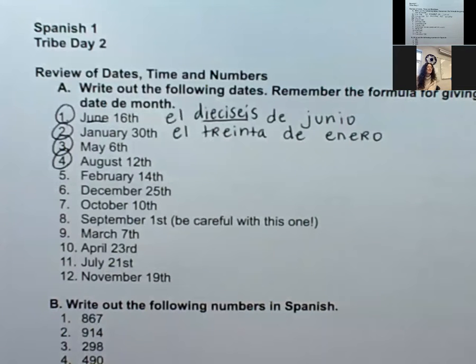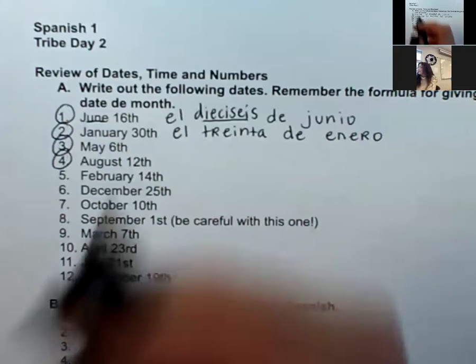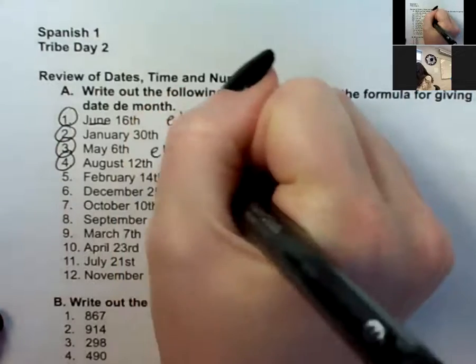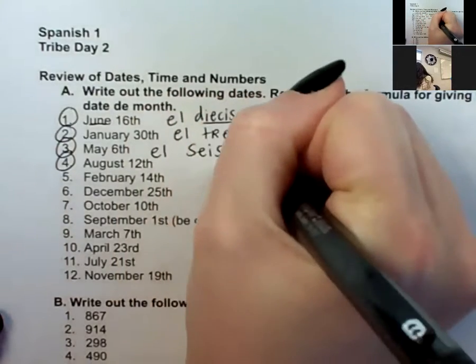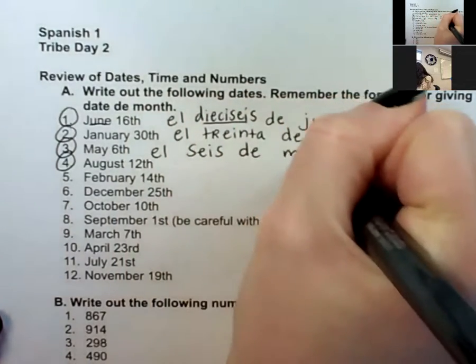Okay, and then these last 2, I'm going to ask you guys to do them. So who can tell me, ¿cómo se dice? How do you say May 6th in Español? Yes, Emma, great job. El 6 de mayo.